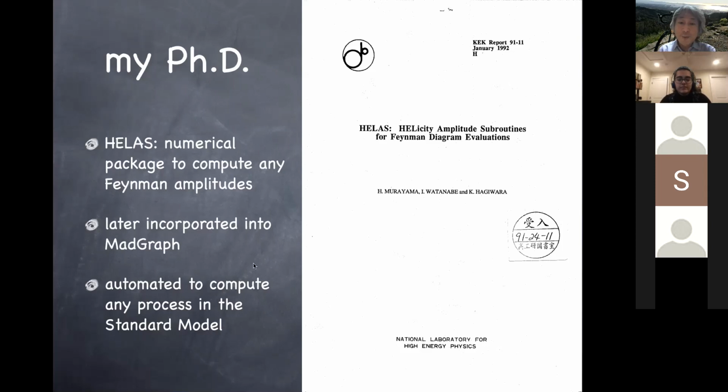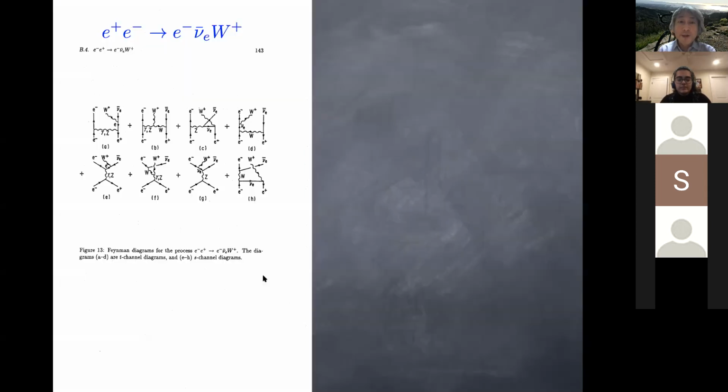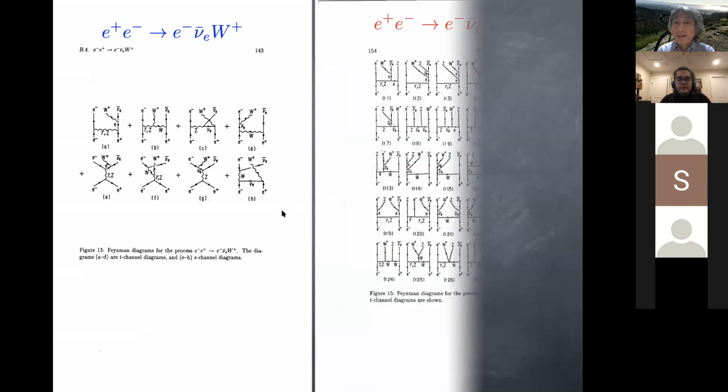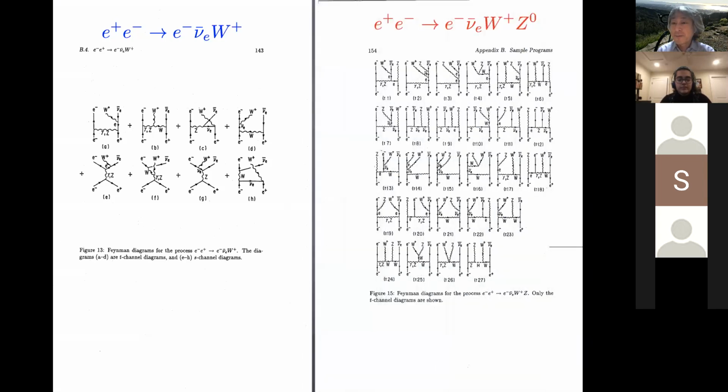The reason you have to rely on numerical methods is that the minute you talk about, for example, a 2-to-3 body process, you already have 8 diagrams. If you go to 2-to-4, you may have this many diagrams. You can't possibly do this by hand anymore, so you have to rely on numerical techniques. This is the way you actually do the computation for more complicated processes.